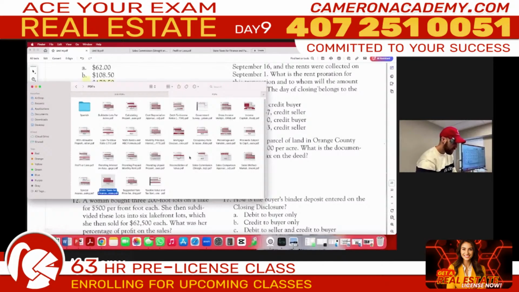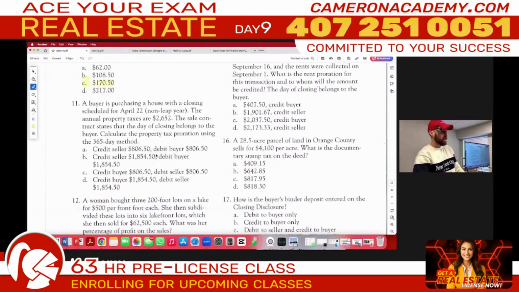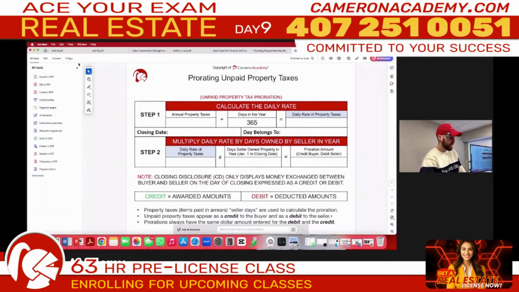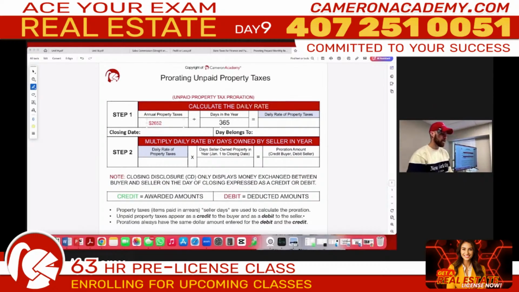We are going to pull up these prorating calculations, and this is proration of unpaid property taxes. The first step always when doing a proration calculation is to get the daily rate. And we know property taxes are annual. 2,652 is what they shared with us, correct? How do you get from annual to daily?